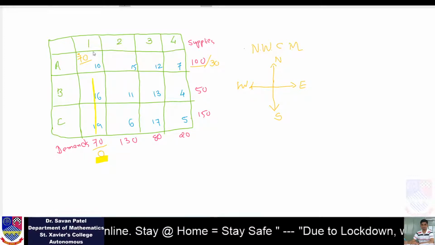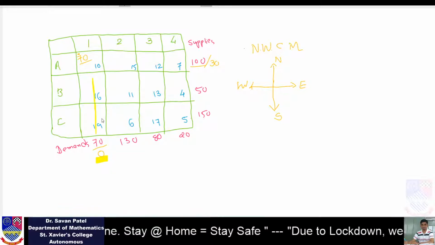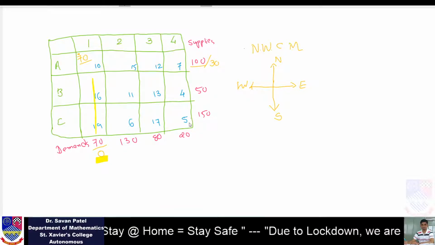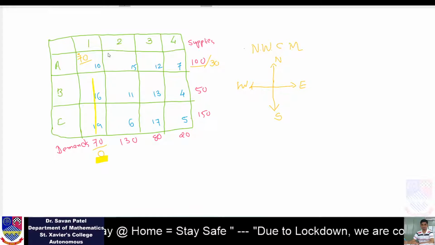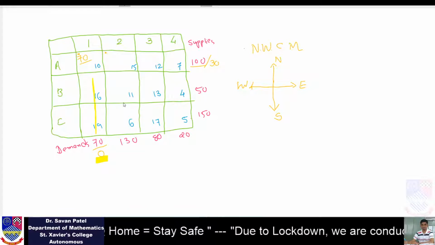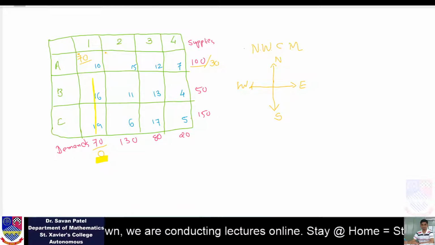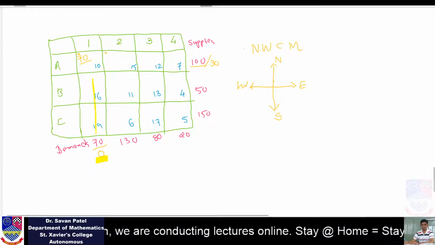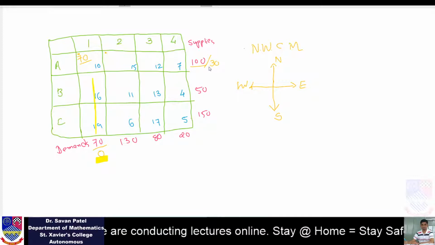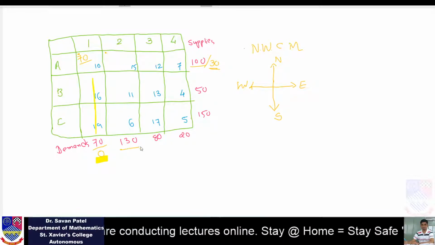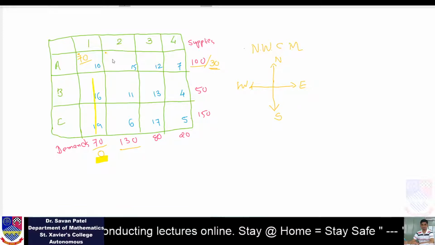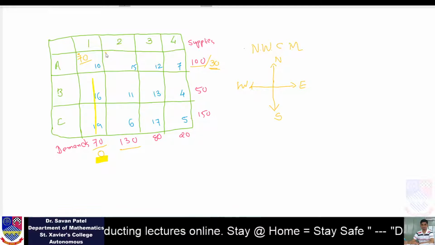Now this whole column is removed, so we are left with this cost table. In this cost table, the northwest corner is again this one. Search for the minimum. Here we are left with only 30 units, and here the demand is 30 units. So the minimum is 30, and we will transport 30 units from A to 2.